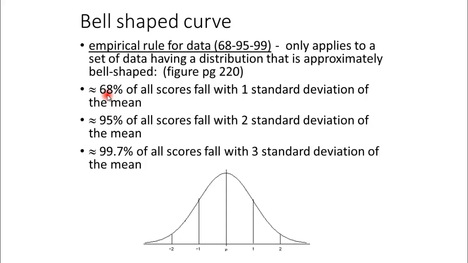This is the bell curve that we saw for the spread in the last few slides. The empirical rule is what I wanted to explain here: 68% of the scores fall within one standard deviation of the mean.